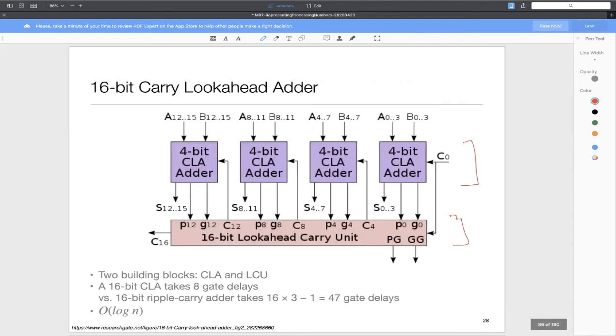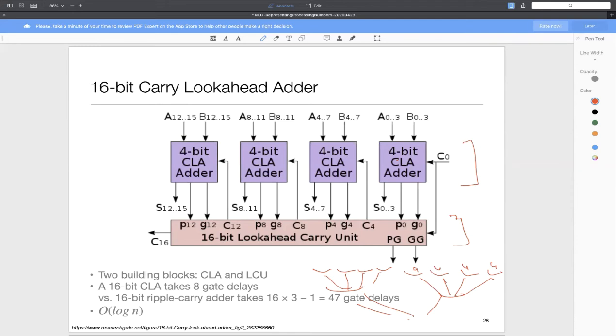Four groups of 4 here are feeding into a look ahead unit of size 4, right? And then the same thing could be done with another group of 4. So it's a tree-type structure which will go down. And if you think about it, a tree has a depth of what?